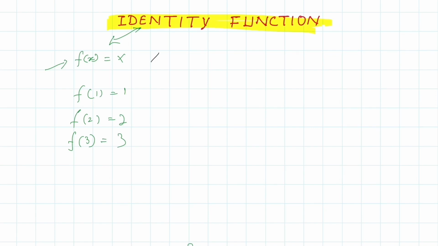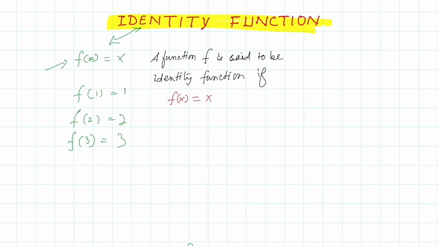A function f is said to be an identity function if f of x is equal to x for all x belonging to R. That means x is equal to any real number.